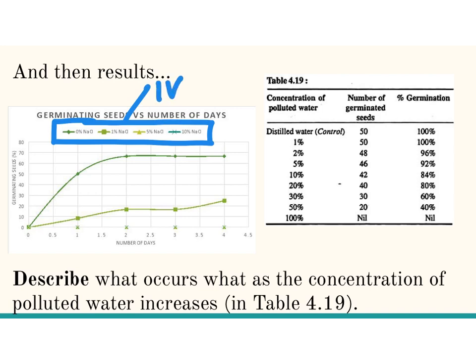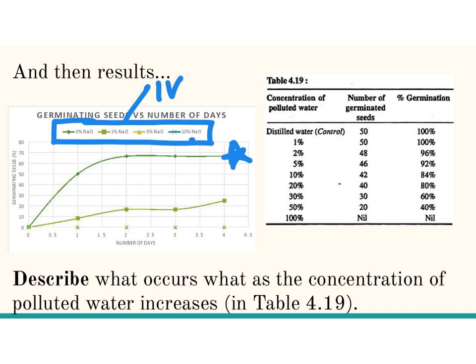So we're changing the concentration of NaCl, salt, in this water and seeing how it affects that. We see that there's nothing for these last two, and that for 0, which would be pure water, we have the highest amount of germinating seeds over time.